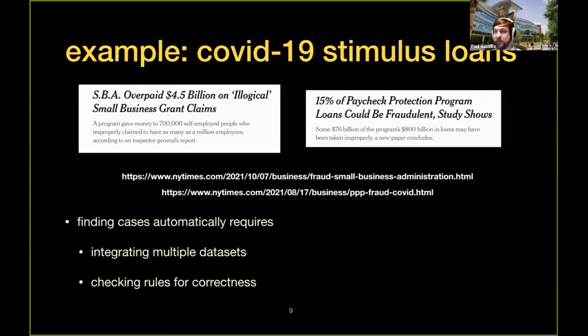And there were cases where the same person was allegedly incorporating businesses just to make these requests for loans when they could not possibly have had payroll. Now, of course, these are cases that are pending. I'm not going to say whether there was any fraud or not, but you can check out these articles to see more illustrations of this. And if we had automated approaches to check these things, we might be able to save the government billions of dollars in losses and fraud.